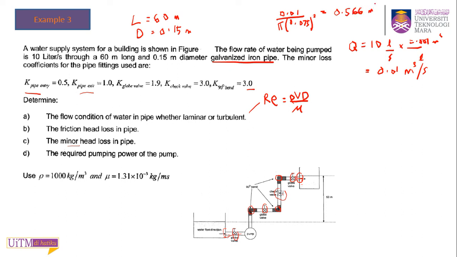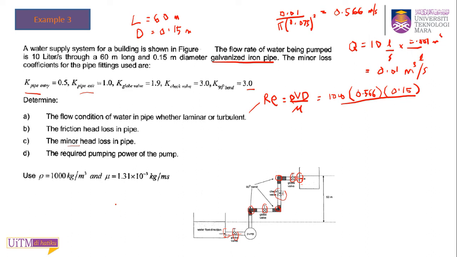meter per second. You can calculate your Reynolds number through this equation. The rho of the water is 1000, times the V, 0.566, times the diameter of the pipe, 0.15, divided by mu.